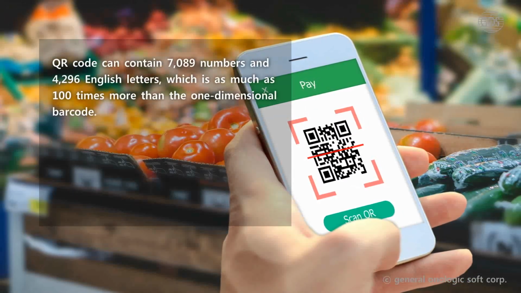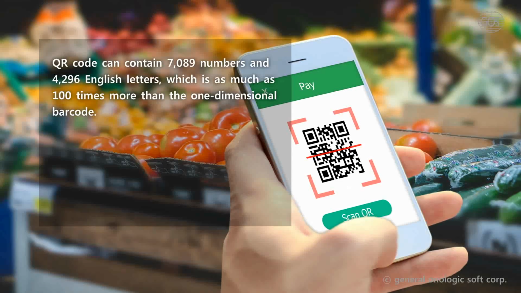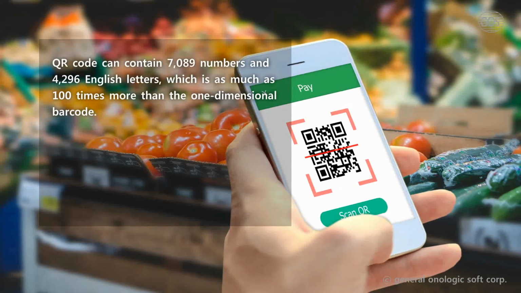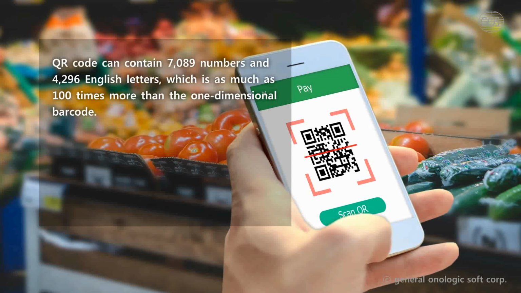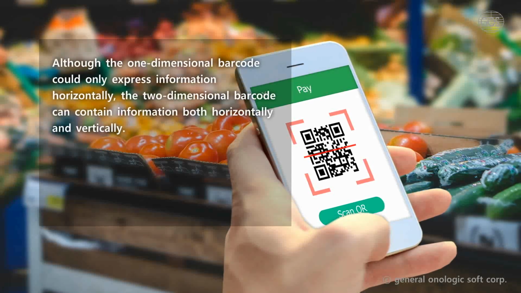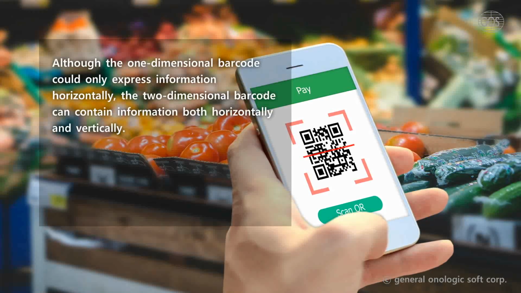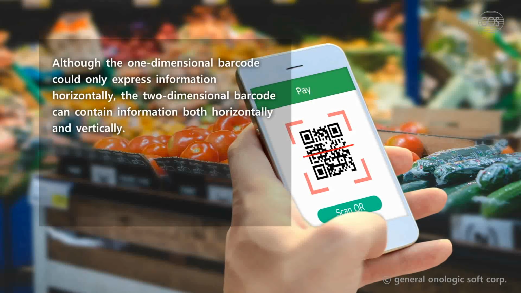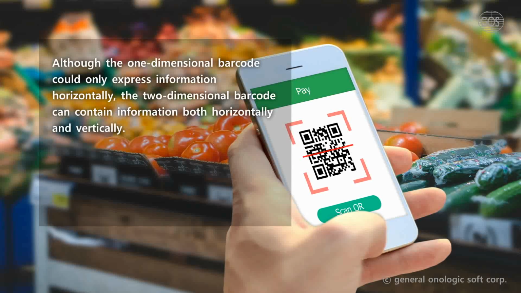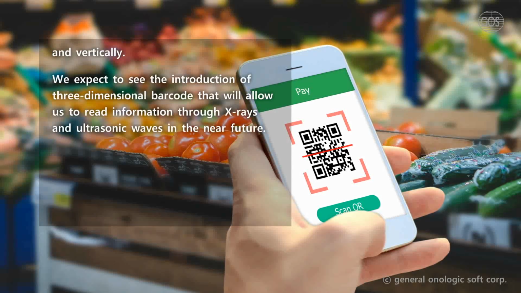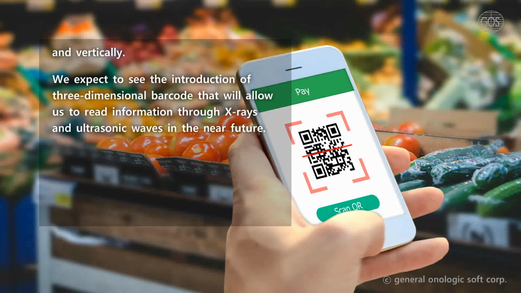QR code can contain 7,089 numbers and 4,296 English letters, which is as much as 100 times more than the one-dimensional barcode. Although the one-dimensional barcode could only express information horizontally, the two-dimensional barcode can contain information both horizontally and vertically. We expect to see the introduction of three-dimensional barcode that will allow us to read information through X-rays and ultrasonic waves in the near future.